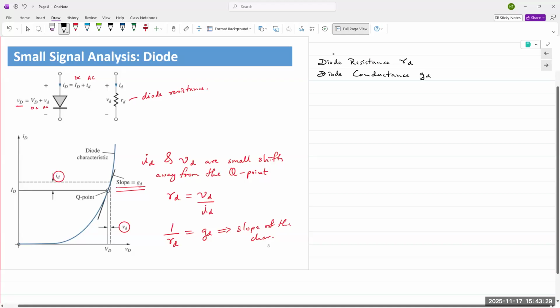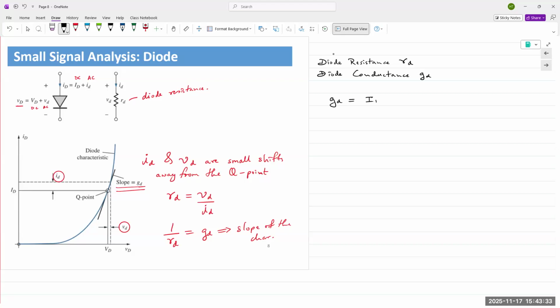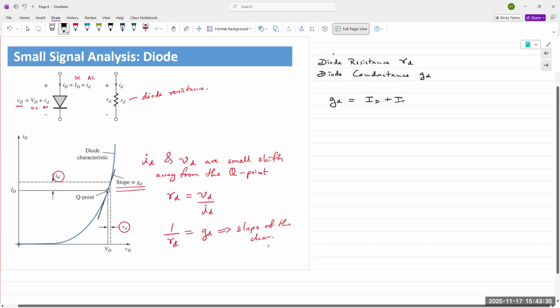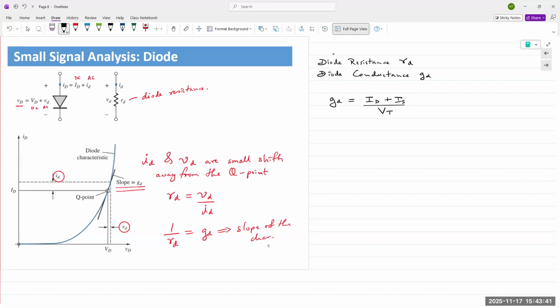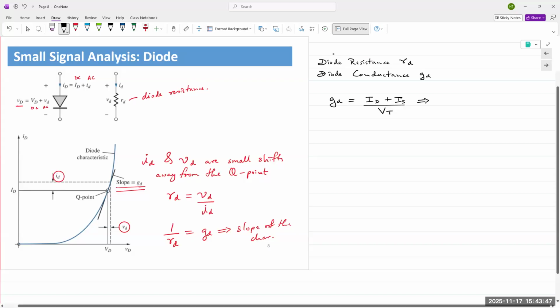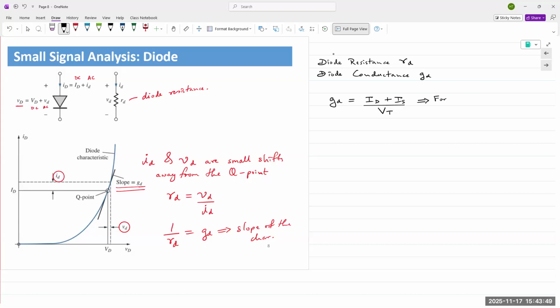And GD can be given in terms of diode current ID plus IS divided by VT, the thermal voltage. And this is true for a forward bias diode.